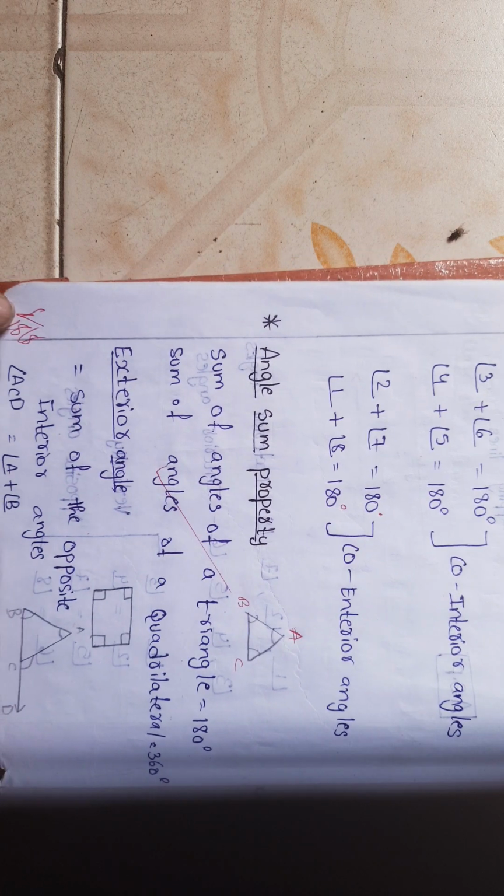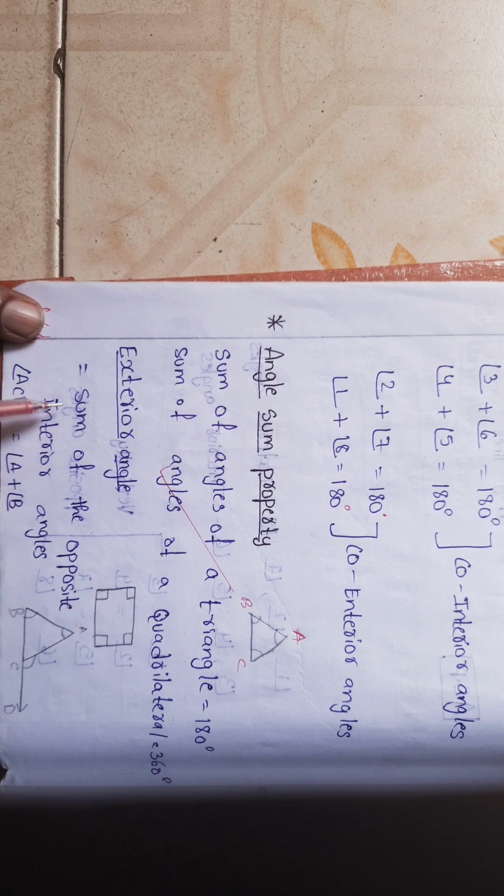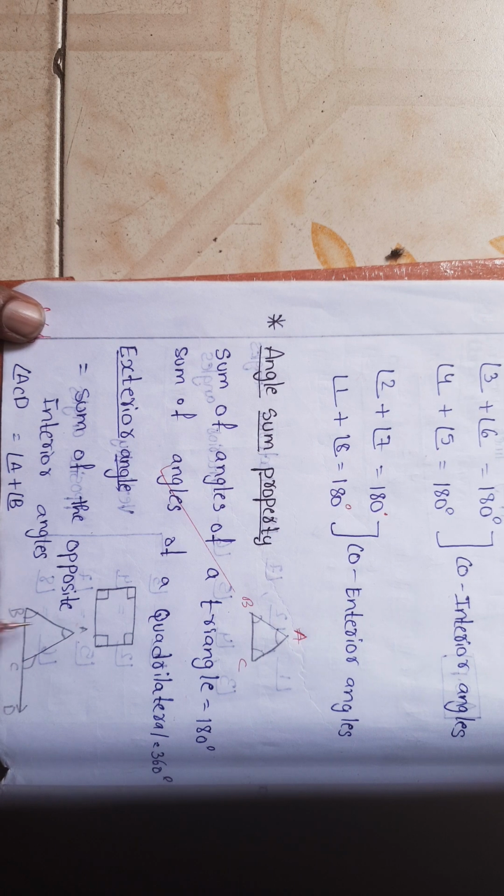Exterior angle is one more important point: the sum of the opposite interior angles is equal to the exterior angle. Here ABC is a triangle. If you extend BC up to D, it forms an exterior angle outside.